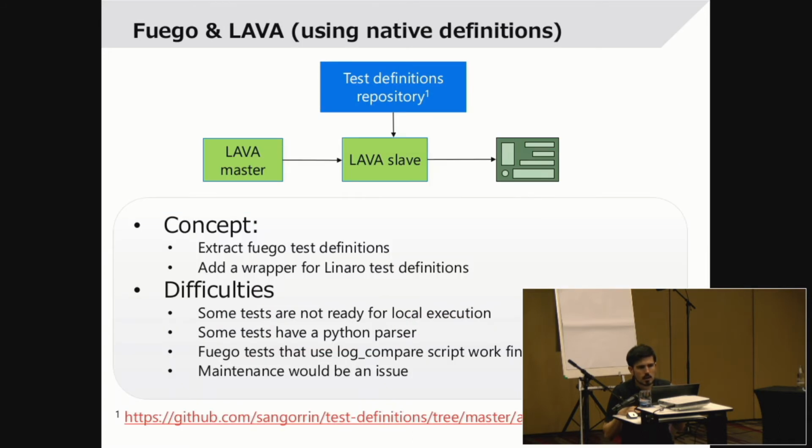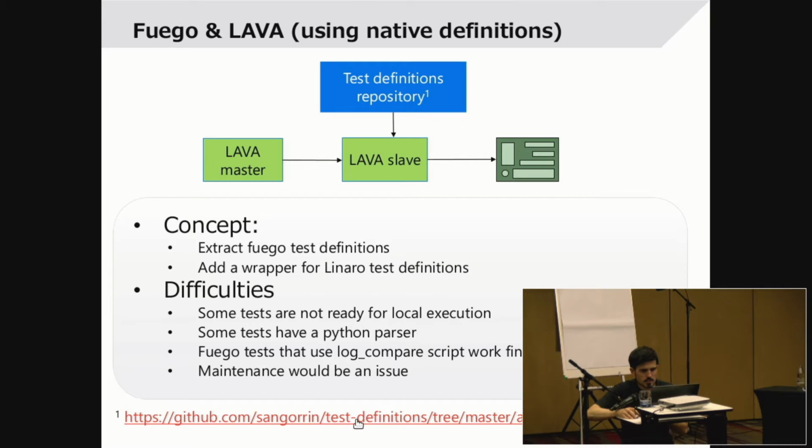The first I want to show is how to combine Fuego and Lava by using native definitions. The concept is basically to extract all Fuego test definitions and add a wrapper for Linaro test definitions.